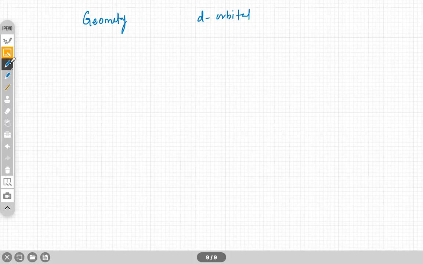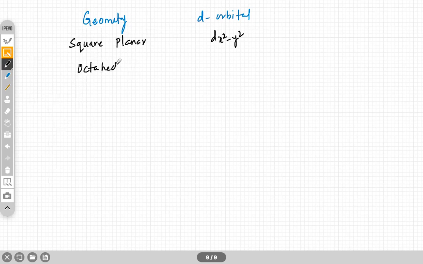So if the geometry is square planar, the d orbital is dx square minus y square. If the geometry is octahedral or square bipyramidal, the orbitals are dx square minus y square and dz square.